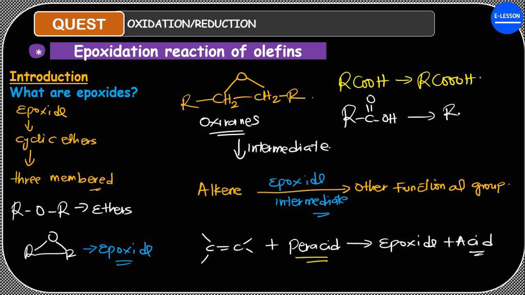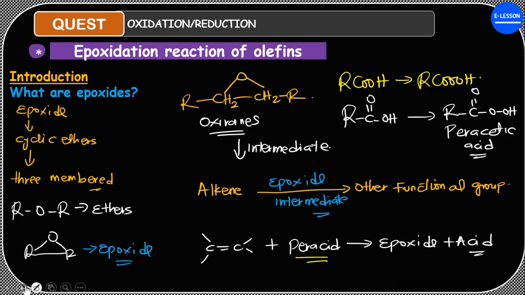This will now be R-C double bond O, and then you have OOH. This is peracetic acid, which is a peracid or a peroxy acid.